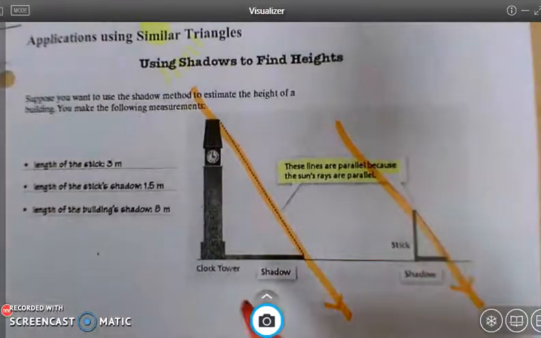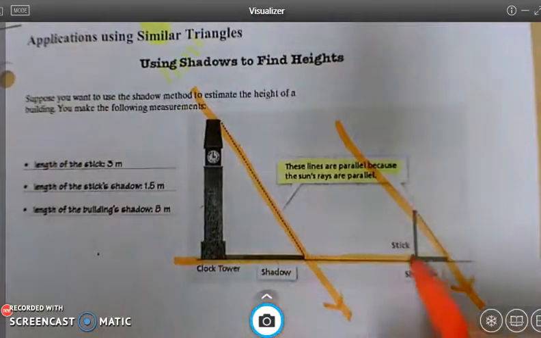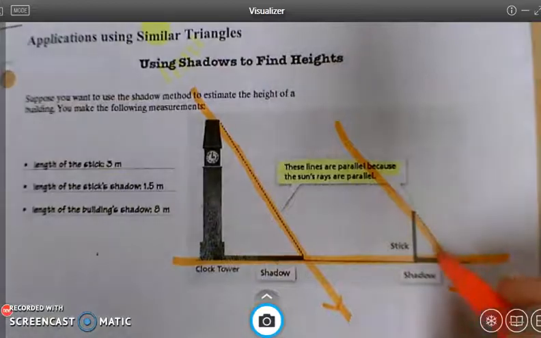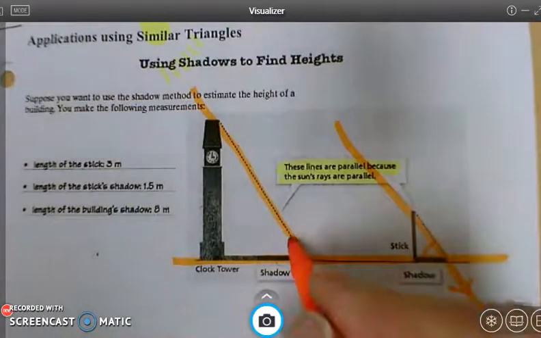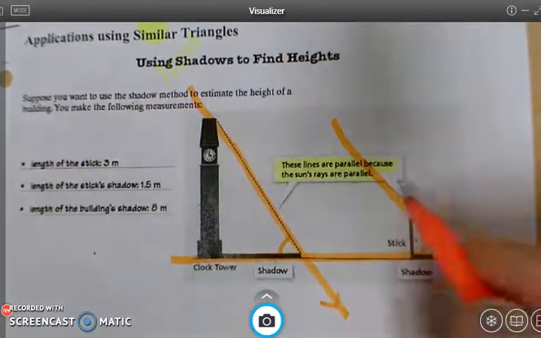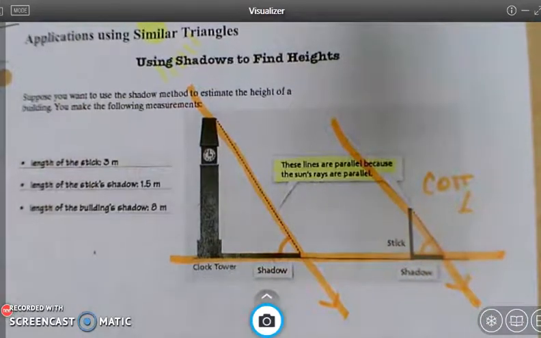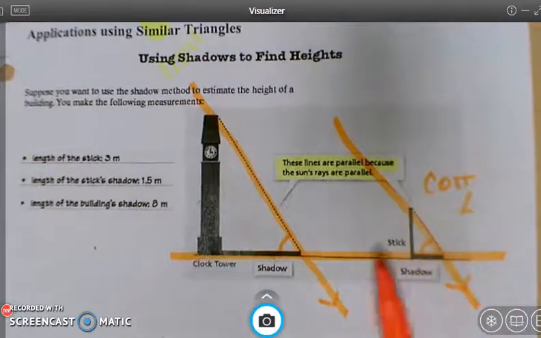Further, the ground creates a transversal. And hopefully you can see now, because I have two parallel lines and a transversal, that right here and right here I have corresponding angles. And we know corresponding angles are congruent. So I have two angles that are congruent to each other.